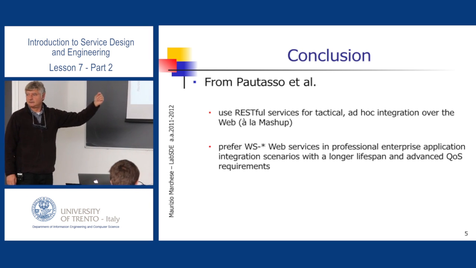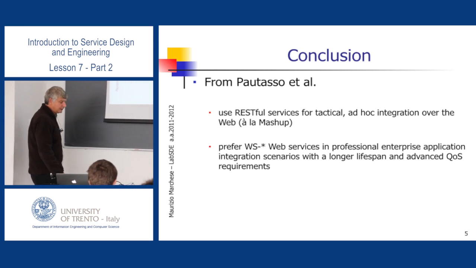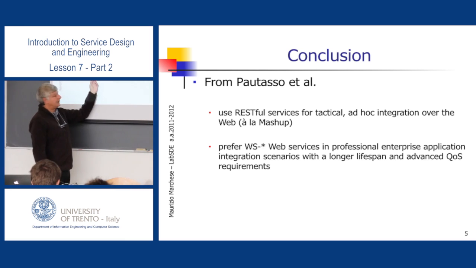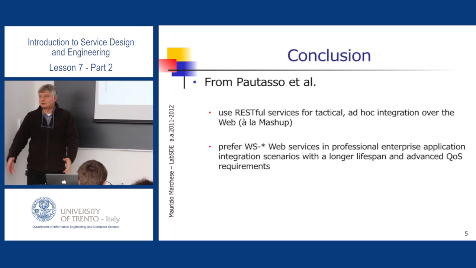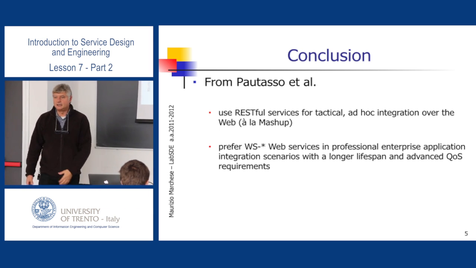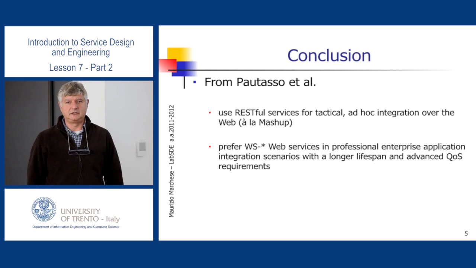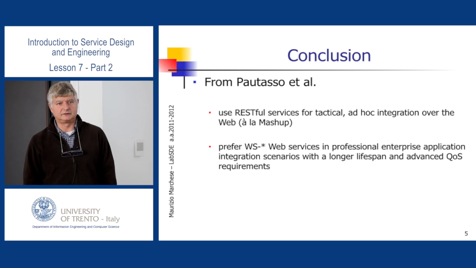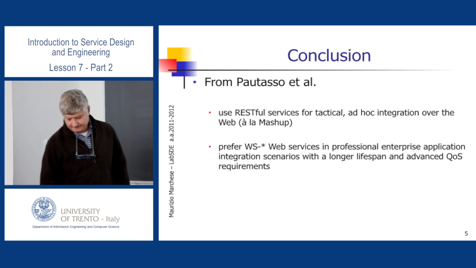You want to be there even in 5 years, 10 years, and maybe have it compatible with legacy systems. And there is the whole issue of quality of service. Quality of service is missing in REST because you have the same quality of service as the web, which is quite good, it's not bad, but as you know, it's up to you, essentially, the quality of service of the web application. Okay, thank you.